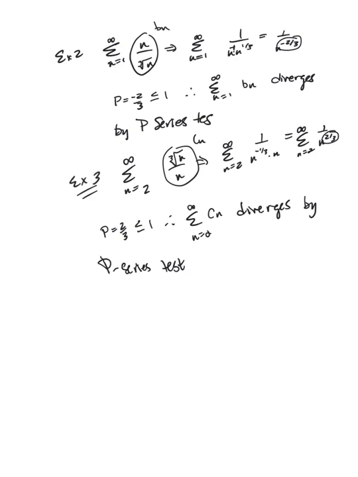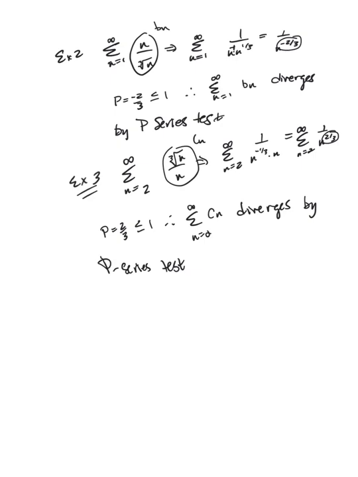So you put the n in the denominator. N to the negative 1 times n to the 1/3 is n to the negative 2/3. So the p-value is negative 2/3 because you have to have it in the denominator, is less than or equal to 1. Therefore, the series n equals 1 to infinity of b sub n, I just named the series b sub n, diverges by the P-series test.